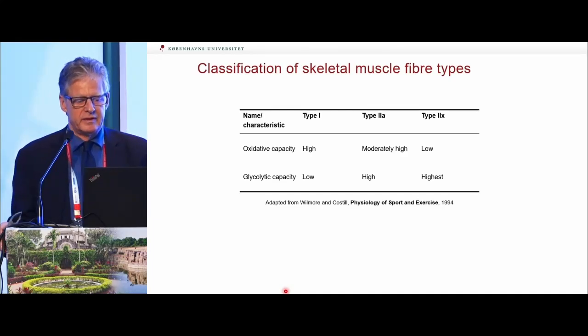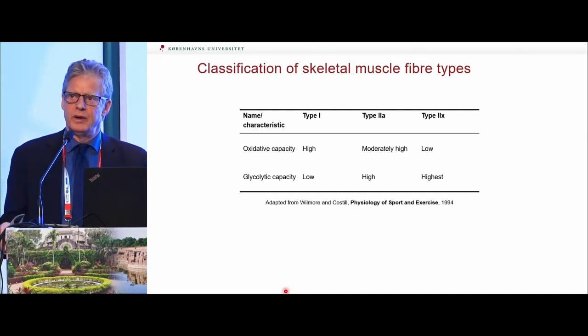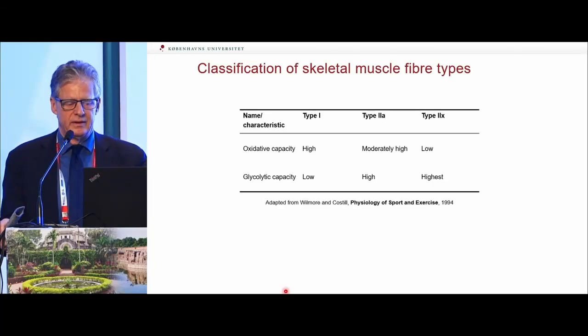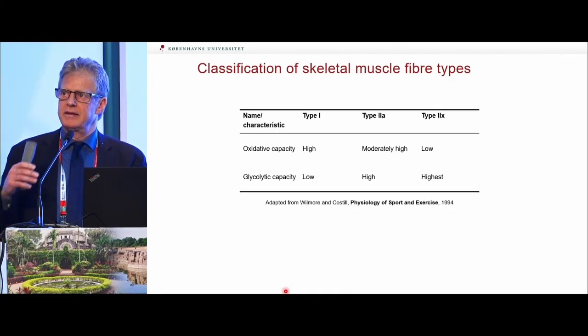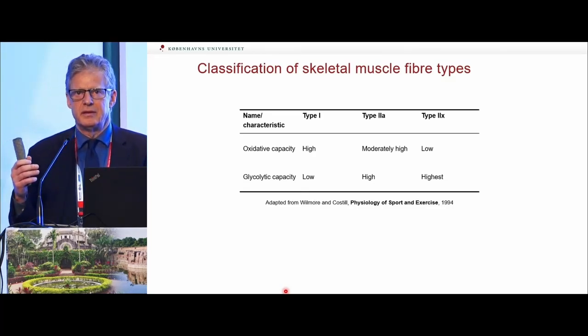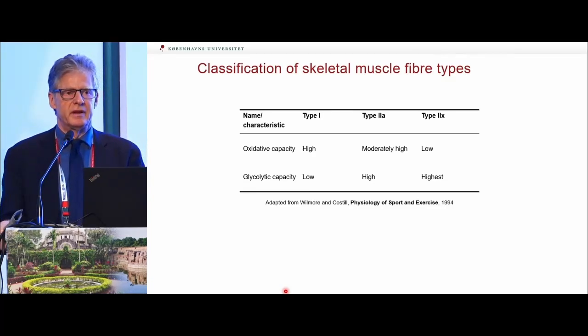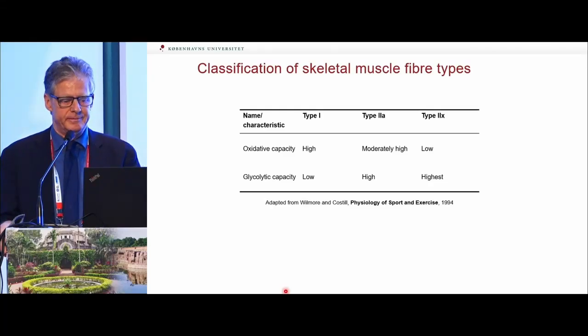Type 1, oxidative fibers. Type 2A, an intermediate fiber between oxidative and glycolytic fiber, and then type 2X, which is the typical glycolytic fiber. And the idea here is that the skeletal muscle in the fetus may adapt to the environment if there is a state of hypoxia.